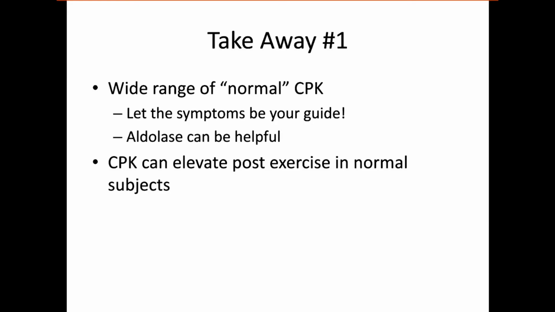In these particular patients, as I found, the aldolase can actually be helpful, and they're often normal in this setting. And remember that post-exercise, the CPK will elevate in normal subjects. So if you have someone you're worried about, or at least want to confirm that it's unremarkable, you can just have them recheck after not exercising for a few days.